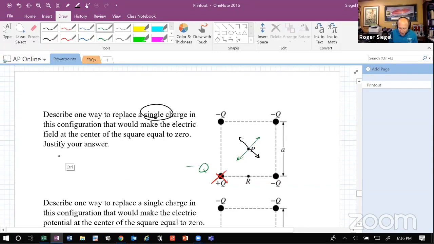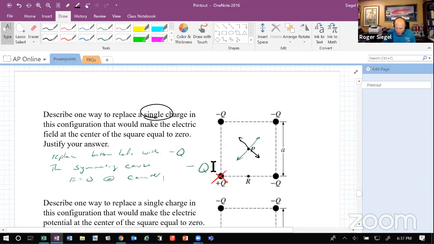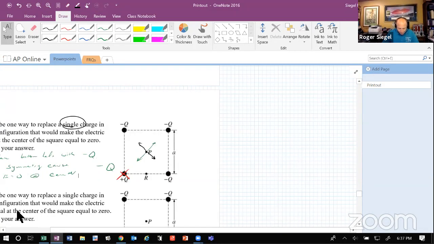So I would replace the bottom left with negative Q. The symmetry causes E equals 0 at the center. All right, so there we have that. Now, let's do this next one.